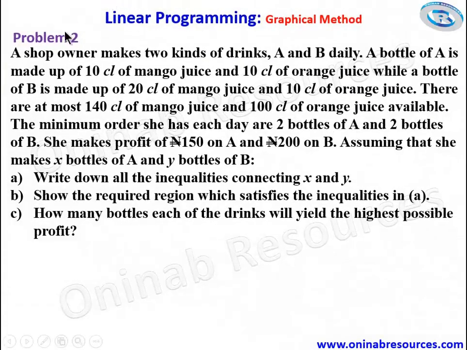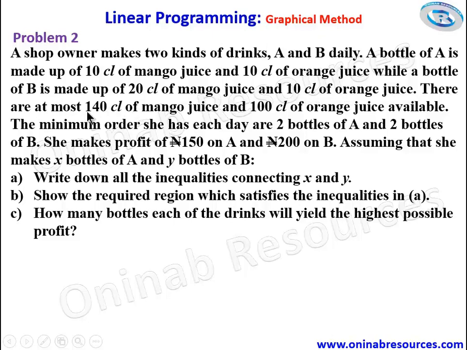For problem 2, a shop owner makes 2 kinds of drinks, A and B, daily. A bottle of A is made up of 10 centiliters of mango juice and 10 centiliters of orange juice, while a bottle of B is made up of 20 centiliters of mango juice and 10 centiliters of orange juice.